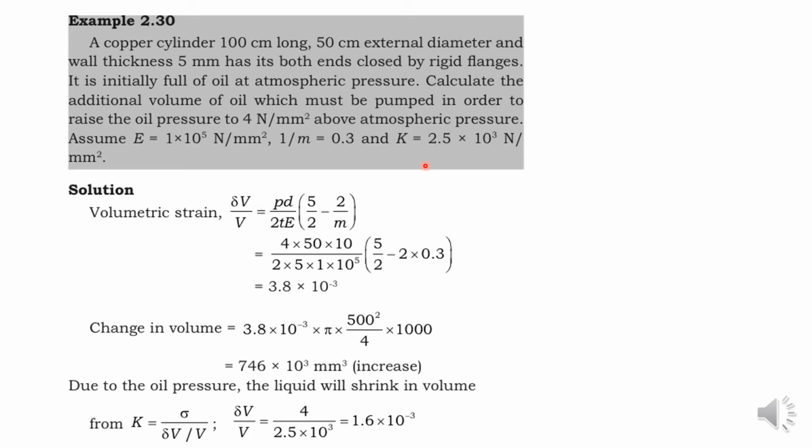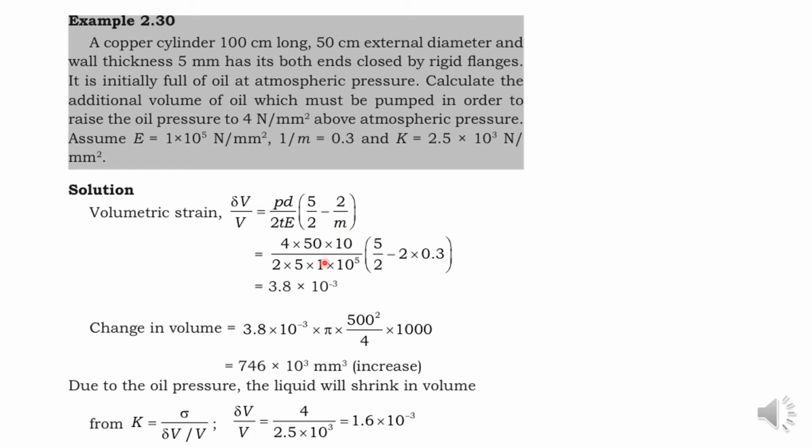Okay, to find the volume change, we have to consider the volumetric strain, that is delta V by V. We have the equation for volumetric strain as PD by 2TE into (5/2 minus 2 mu), or 5/2 minus 2 divided by m.